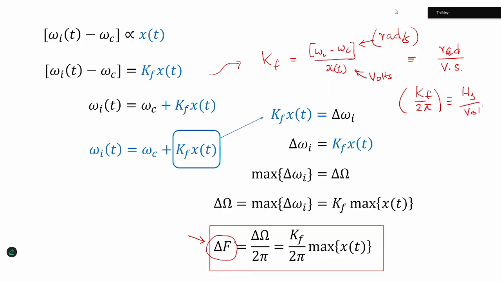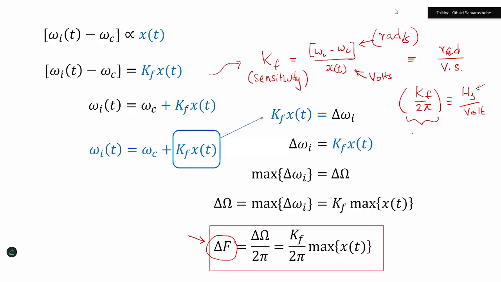What does that mean? It means that for 1 volt change in the modulating signal, this many hertz of frequency deviation will be created by the modulator. Therefore, either this kf or kf over 2π is known as sensitivity. Here, this is the sensitivity defined with respect to angular frequency deviation.